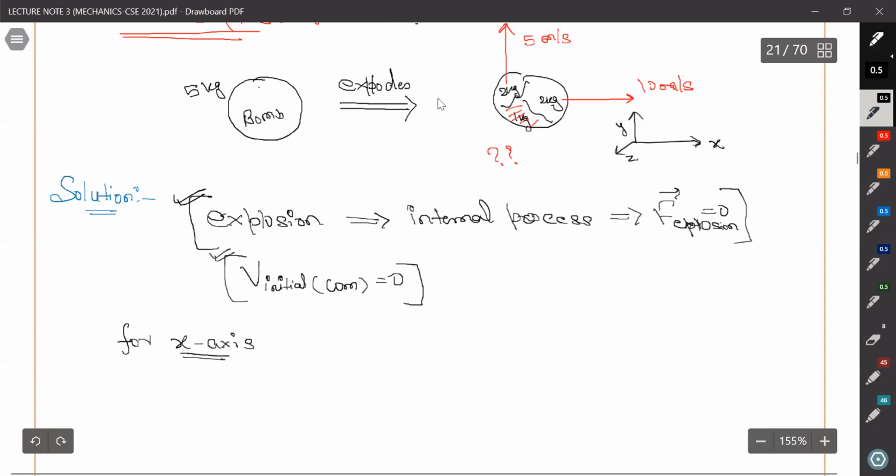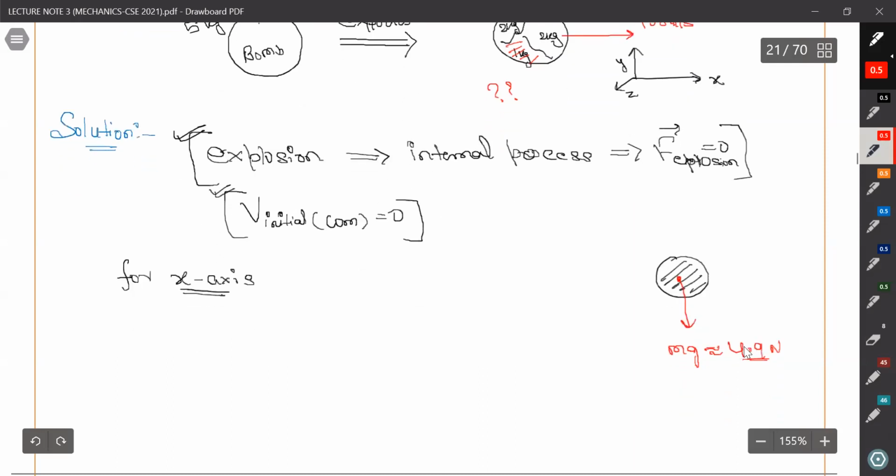If we see this bomb, there is only one force acting on it, that is mg downward, which is almost 9.8 into 5, almost equals 4.9 Newton.